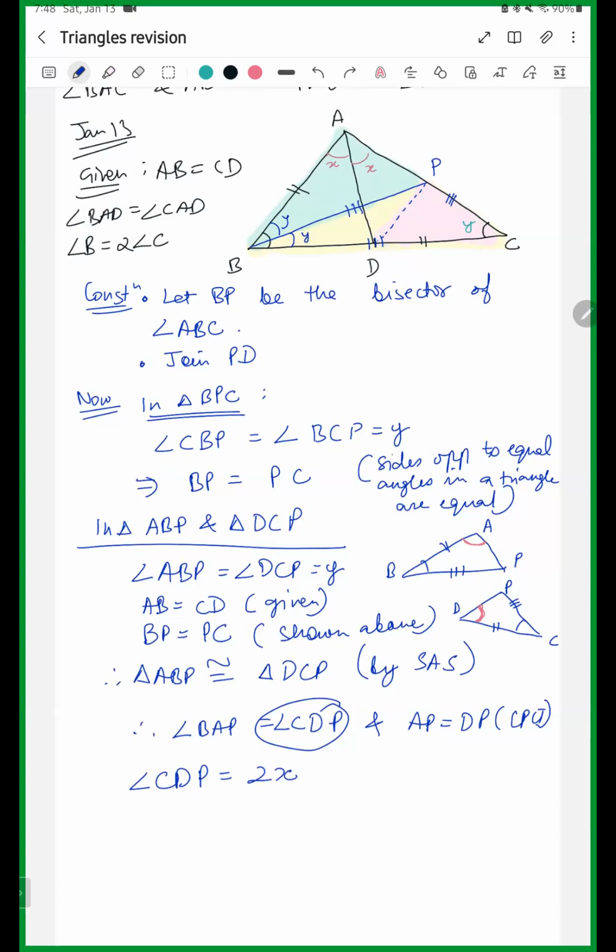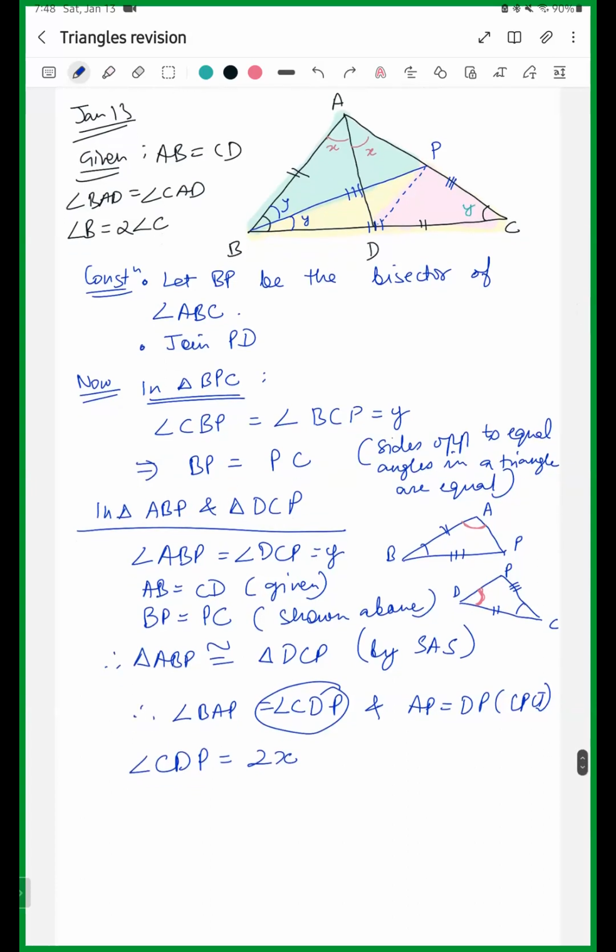Since AP is equal to DP, remember CDP is 2x.